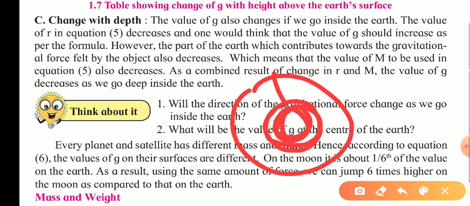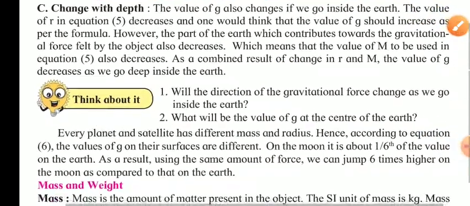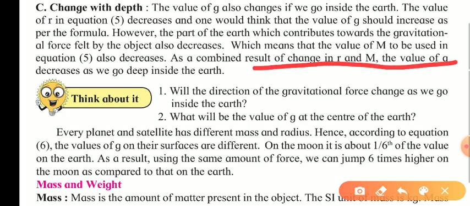The mass of Earth is also reducing as we go inside the Earth's crust, because only this much portion of the Earth will be considered, and the combined effect of this R and M decides the value of g, and that gives a decrease in the value of g as we go inside the Earth's crust.